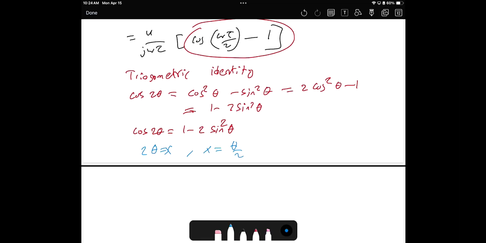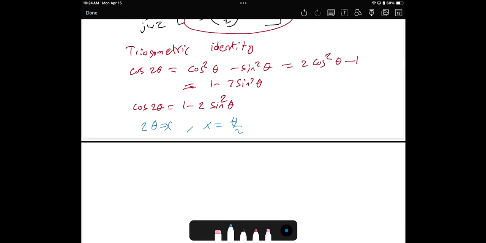So cosine x equals 1 minus 2 sine squared of x over 2. I'm just playing with math. Then moving the terms, 1 minus cosine x will be 2 sine squared x over 2. Does this make sense?